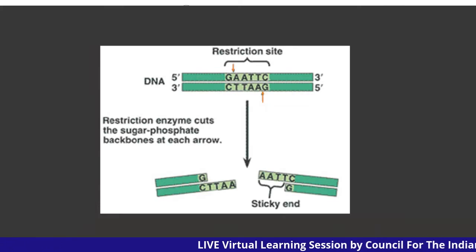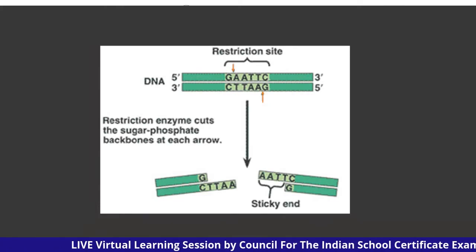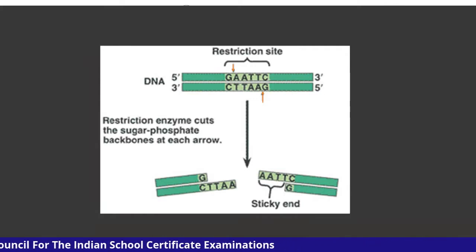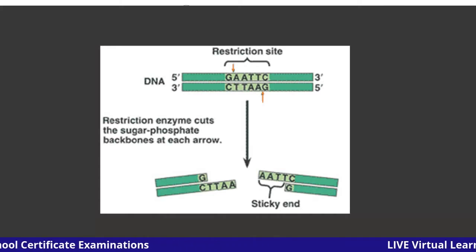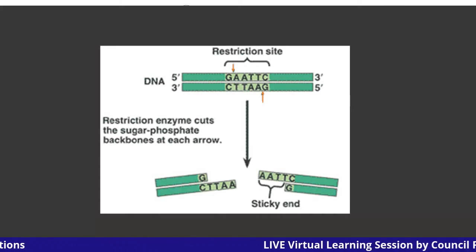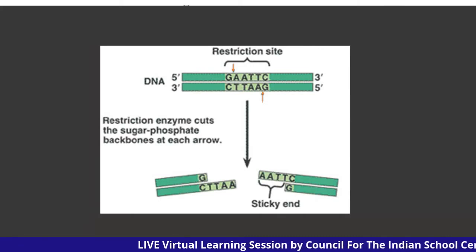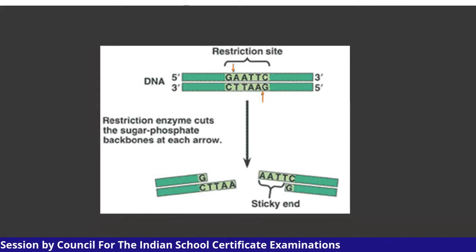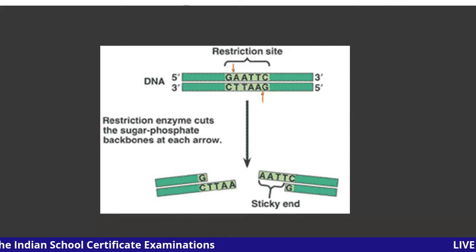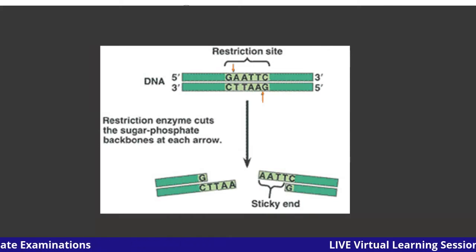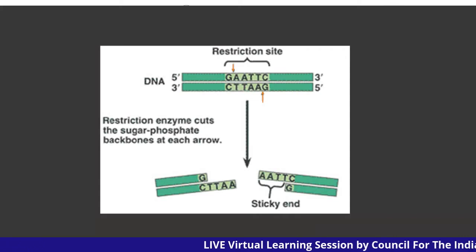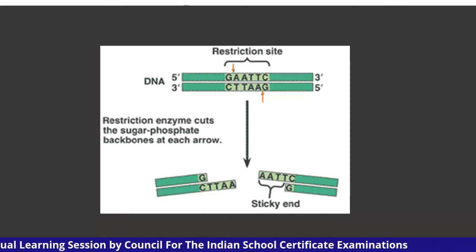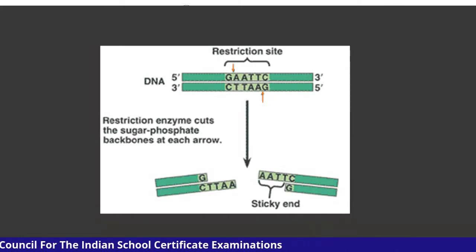So GAA, 5 prime on this, and the other 5 prime, it is GAA, G and A. See here, the cut is produced here, G and A. 5 prime GA, this is the target site. So once the restriction enzyme moves along the DNA, it scans the DNA, finds the site, then it cuts 5 prime GA.